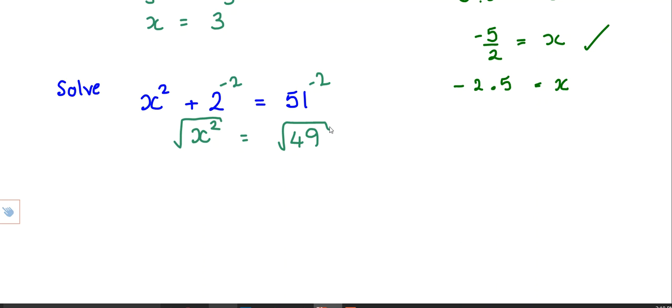Hopefully you give me the full answer. So x squared square rooted is just the x, because these two things cancel each other out. So please give me the entire answer. What's the square root of 49?